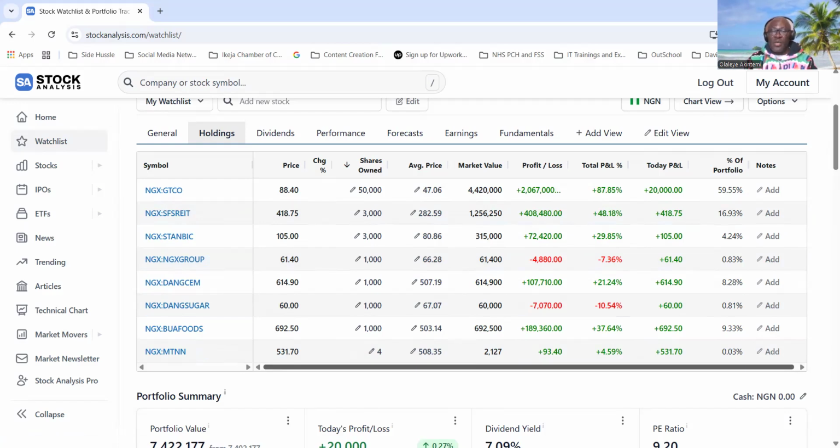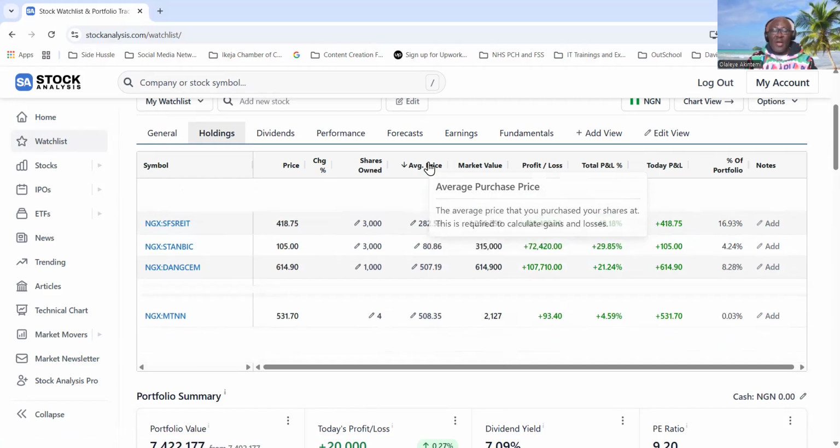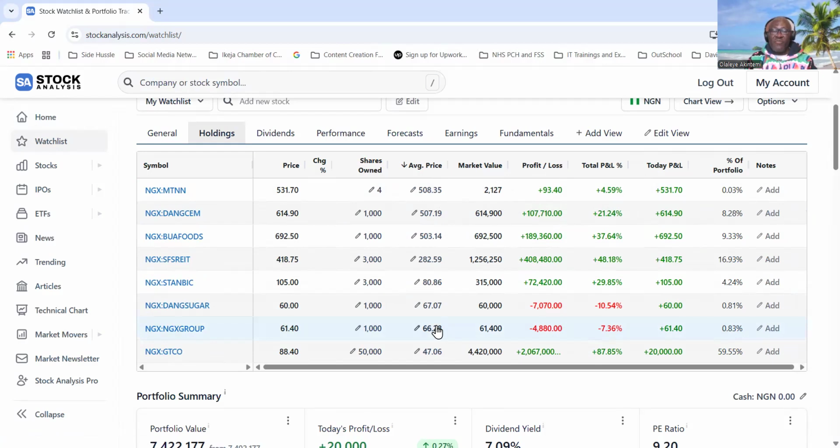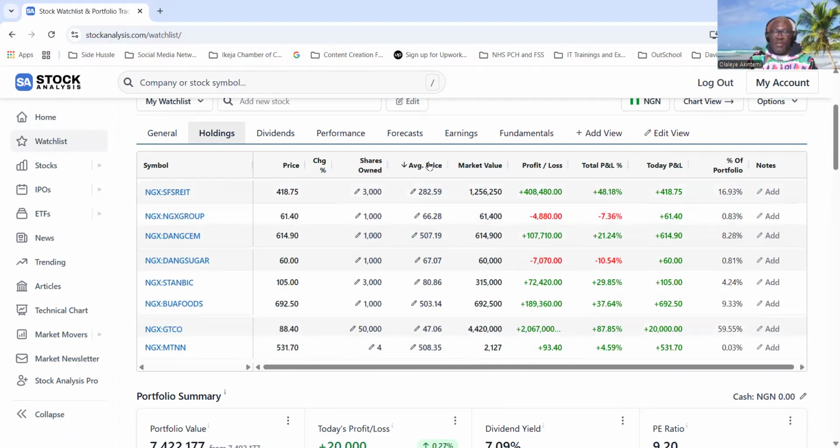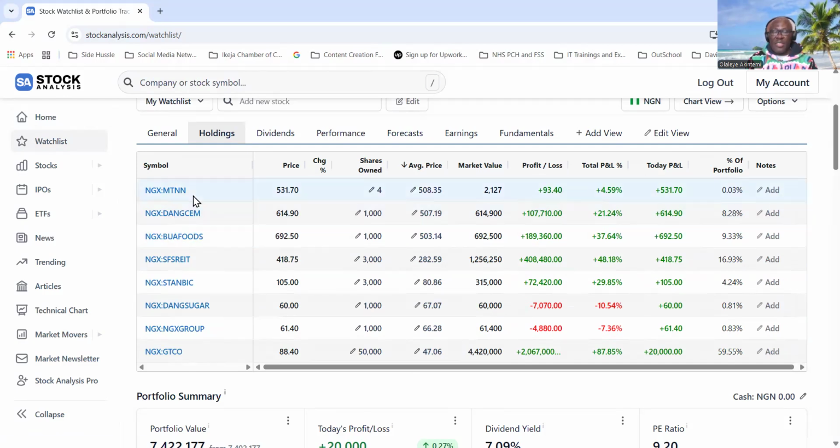And I can also ask it to arrange by average price. The one with the highest average price is MTN, which is 508 naira, 35 kobo. So you can play around with all this.